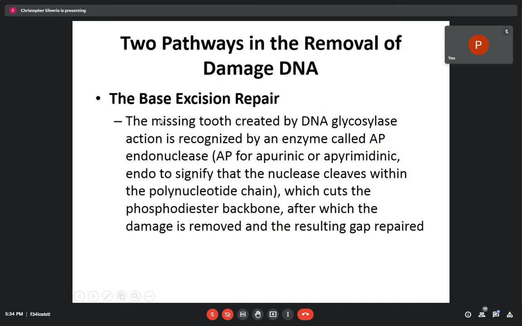And then the other one is the base excision repair. That is, the entire base is removed.